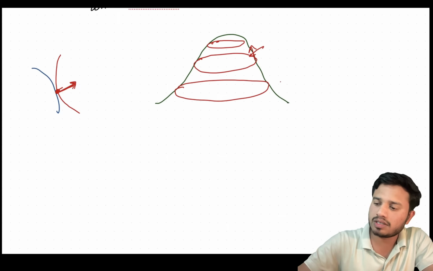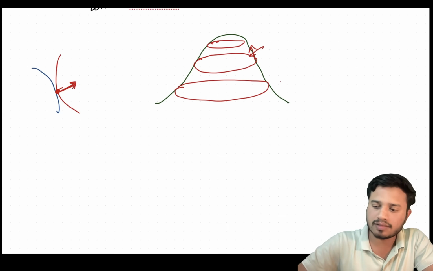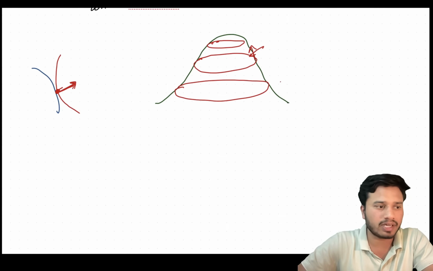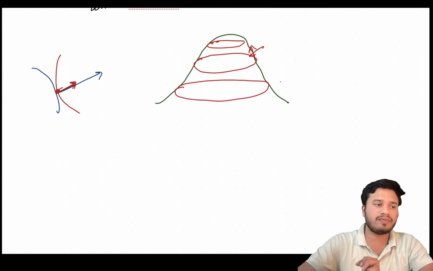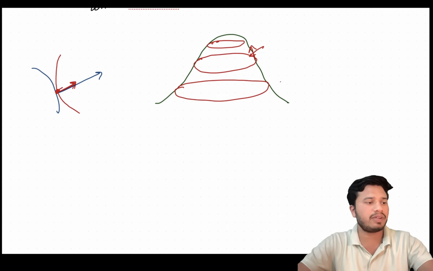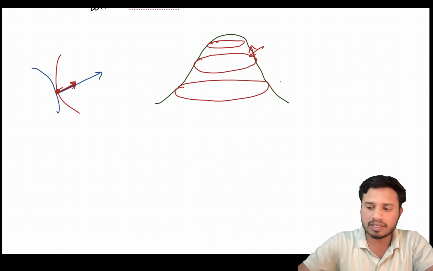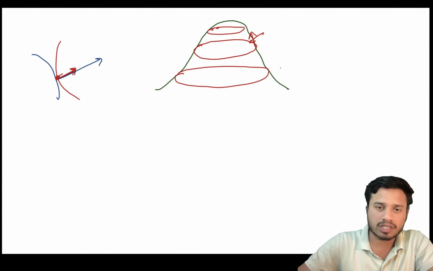Suppose for this red contour line, the gradient is this. The length of the gradient may change, right? For the blue line, the constraint equation, you have a gradient like this, but the length can be different. This is the main idea. The length of the vector can be different, but they are both perpendicular, or I can say they are both proportional.